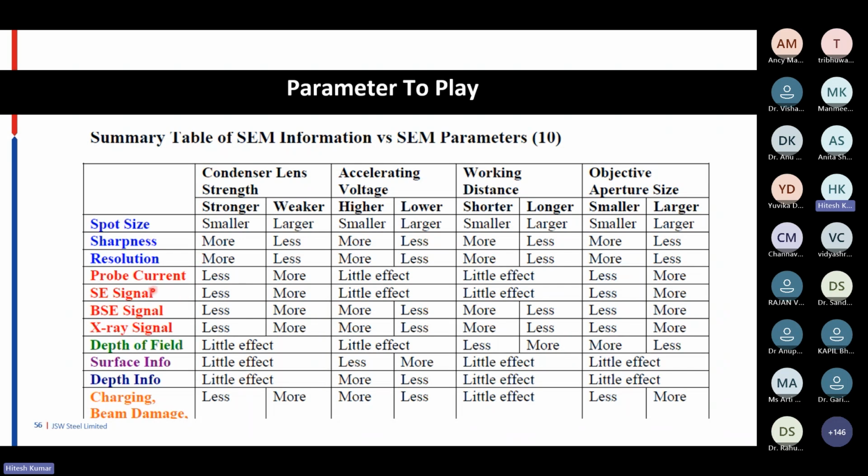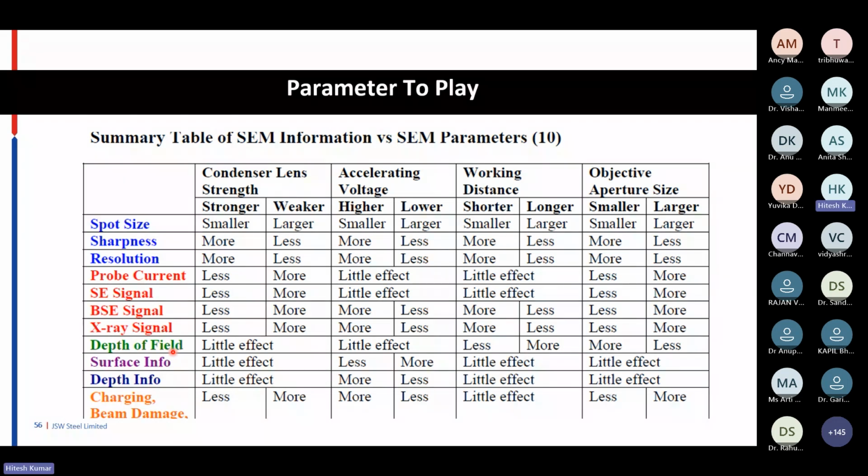Then probe current, secondary electrons, as well as backscattered electrons. You need to take care of your backscattered electrons also. Then depth of field, charging. Charging is something we usually see in polymers. Let's suppose you have a higher aperture size.